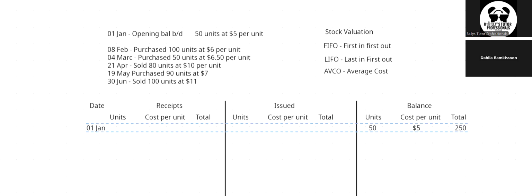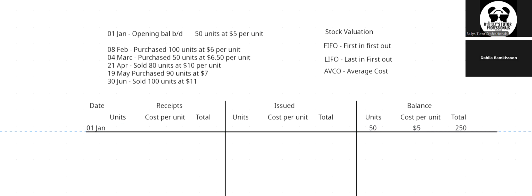Then you put a line underneath. Now on the 8th, we purchase 100 units at $6 per unit. So on the receipts, because receipts will be when we receive stuff, right? And if we purchase goods, we receive goods.